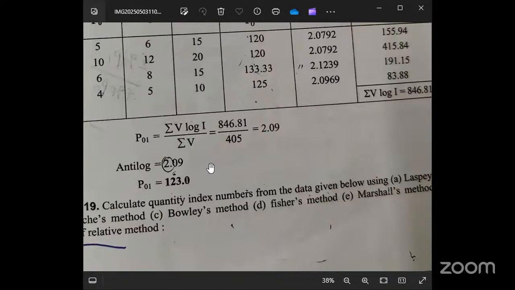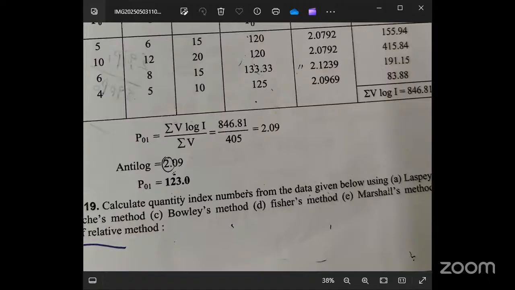So now finding out the anti-log of 2.09. 123.0 is the anti-log.